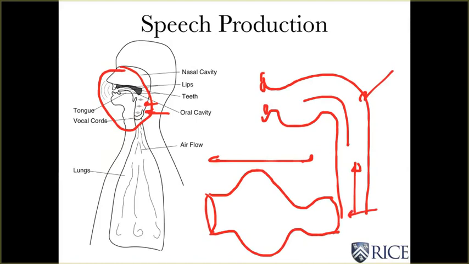Well, what happens now is the air pressure signal comes in here and excites the air pressure inside the vocal tract. It turns out we can describe this as a linear filter having peaks that are called resonances, and this functions in many ways like an organ pipe.